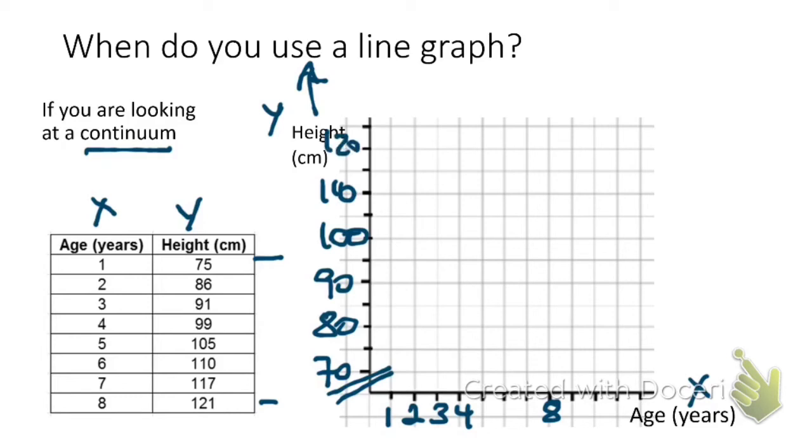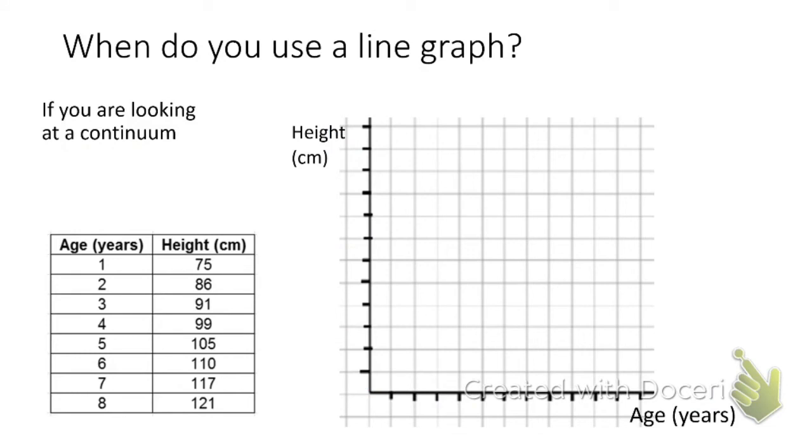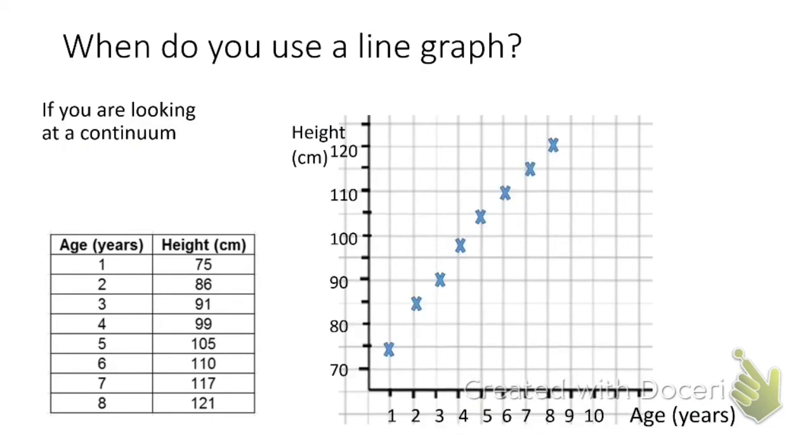Now let's see what this looks like when you graph the points. Okay, if you put those points in, you could connect those with a line because this is measuring a continuum.